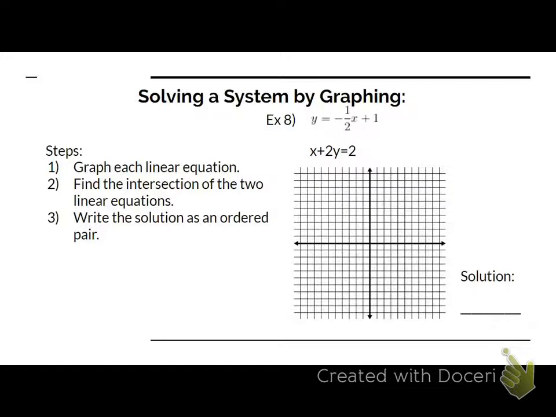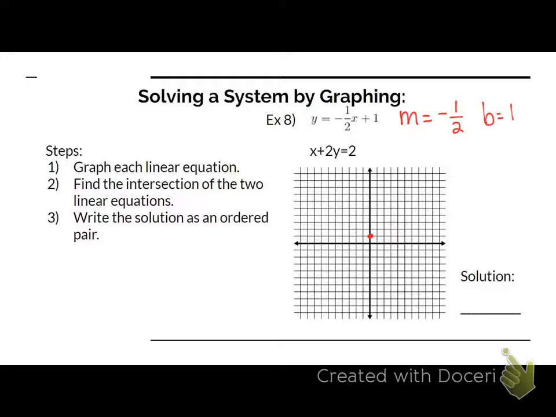All right, number 8, we step it up a little bit again. The first equation we can go ahead and deal with. It's already in slope-intercept form. That's nice. What's our slope? Negative 1/2. Our b is 1. Always start with your y-intercept. So on the y-axis, we go up to 1, put a point. Then we use our slope.